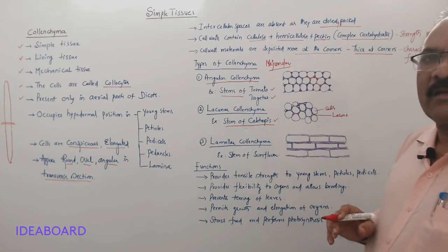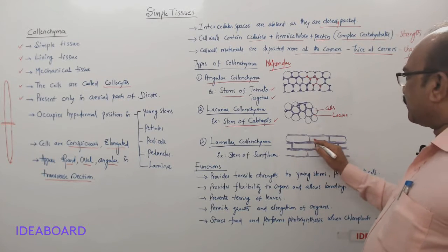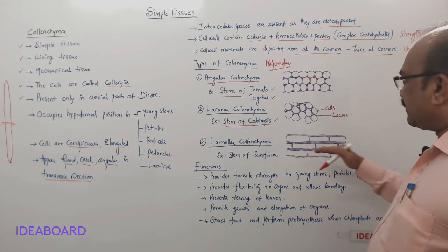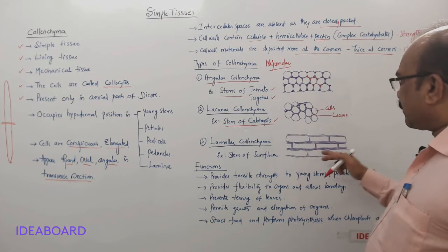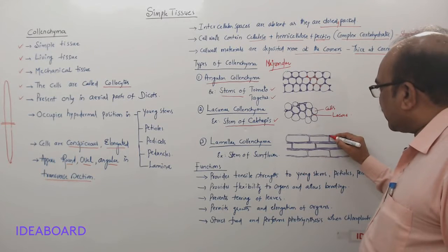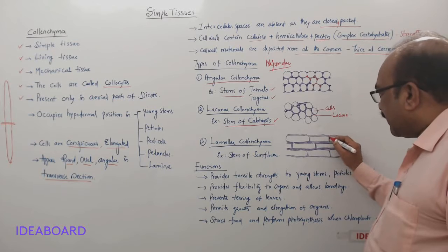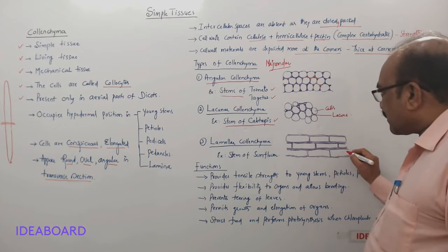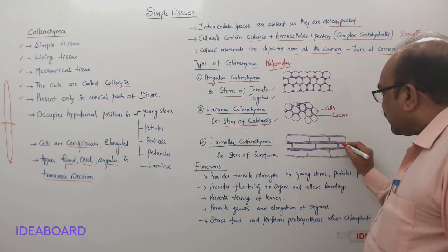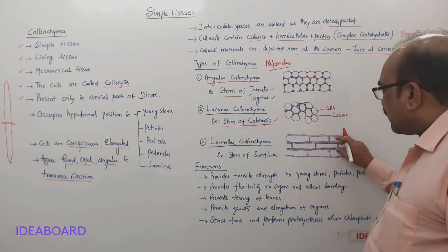And in lamellar collenchyma, the cells are arranged regularly in the form of layers. This is one layer of collenchyma, second layer, third layer, and you can see this is the radial wall and this is the tangential wall. The radial walls and tangential walls are thickened, and you can see this cell wall material appears like a plate in between the cells.